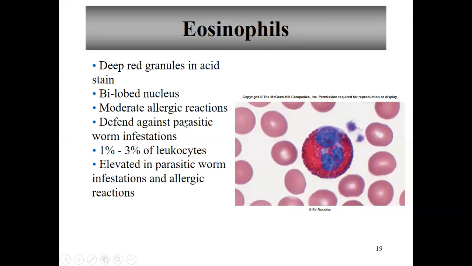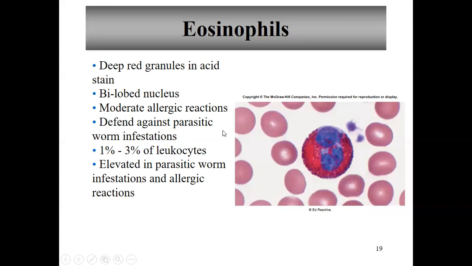It also responds in a parasitic infection. So if you look at a blood count within a person and you notice that their eosinophils are more than 1 to 3% of the total leukocyte count, then you can bet your bottom dollar that that person has either an allergy or a parasite infection.